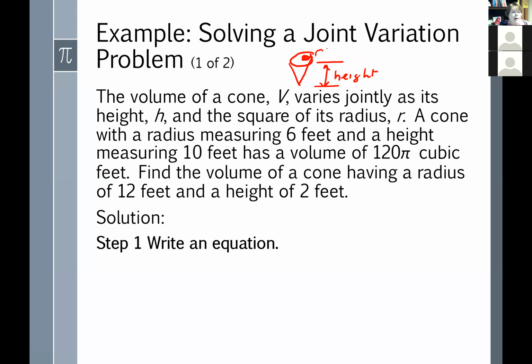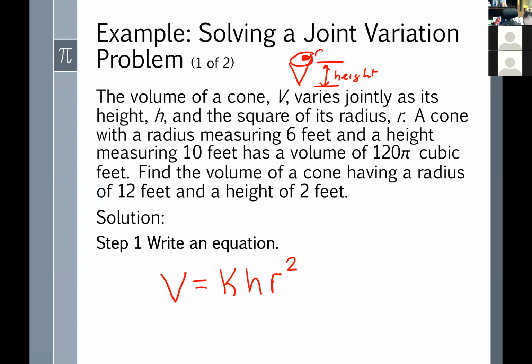A cone with a radius measuring 6 feet and a height measuring 10 feet has a volume of 120 pi cubic feet. Find the volume of a cone having a radius of 12 feet and a height of 2 feet. So it tells me that the volume, V, varies jointly as the height, K times H, and the radius squared. So volume is K times H times R squared.